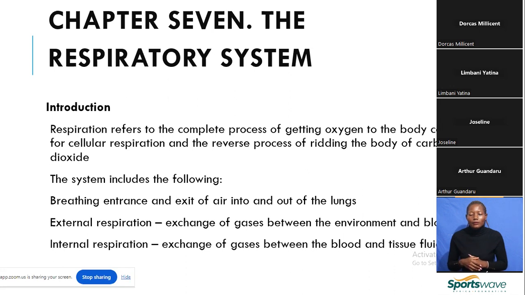Internal respiration is the exchange that takes place at the tissues. Remember, at the lungs, we want oxygen to come in and carbon dioxide to get out. At the tissues, we want the oxygen to go into the cells and the carbon dioxide to get out, so that it goes back to the lungs and is ejected out of the body.